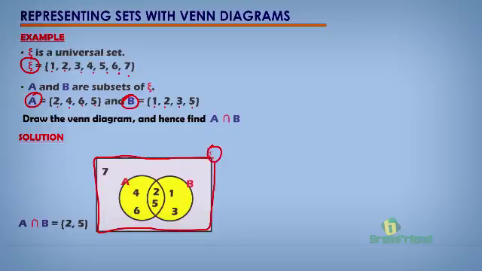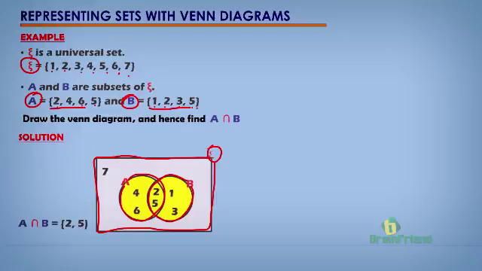Next, we draw our member set A, which is depicted as a circle. We also draw our member set B, which is also depicted as a circle. The elements of A are written within the boundaries of our circle. So A has elements 2, 4, 6, and 5, while B has elements 1, 2, 3, and 5.